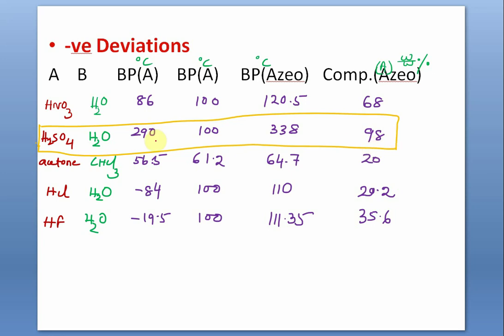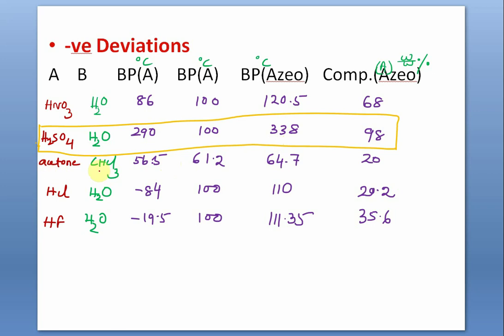If it is 100%, it is less, 290. Because at that composition the vapor pressure is so low that the boiling point is the highest. In all other compositions it will be less than this, but more than 290. This is the highest boiling point.